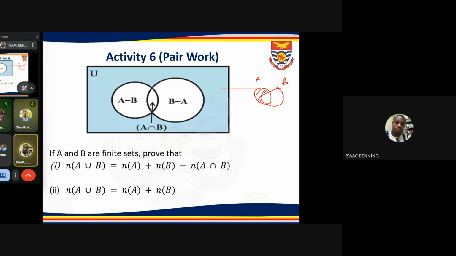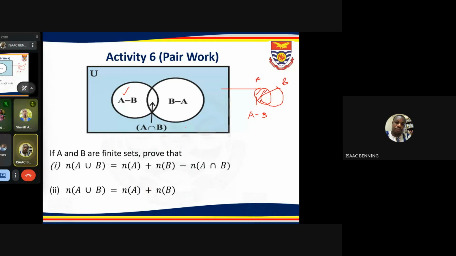Do you agree with me? Yes, sir. So the A only means that we are interested in the elements in A but not in B. And that is what we call the difference of two sets. So where I have shaded can also be represented as A minus B. That is what we have done here.